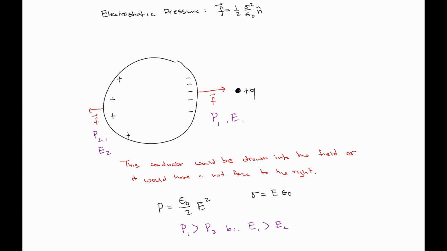Or the strength of the electric field is greater on the right-hand side of the conductor than it is on the left-hand side of the conductor.